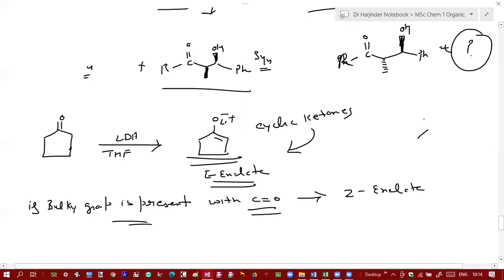For example, if you have a tertiary butyl group here, like this, it is a bulky group, so here you will get a Z enolate. Okay, so these are the two things. So beta, go through this whole reaction, and tell me if you have any doubts.